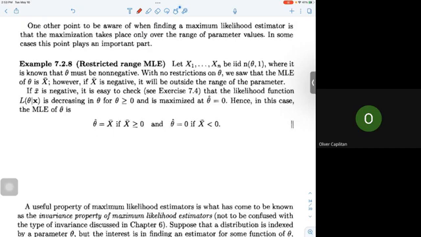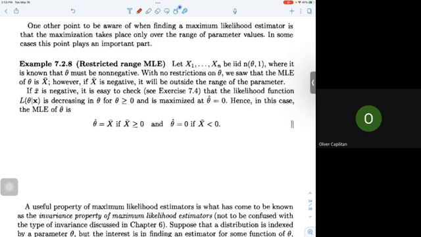So with no restriction on theta, we saw that the maximum likelihood estimator of theta is the sample mean. We have that in our previous example. However, if we consider the sample mean to be negative, it will be outside the range of the parameter because we restrict the value of our unknown parameter theta to be non-negative.